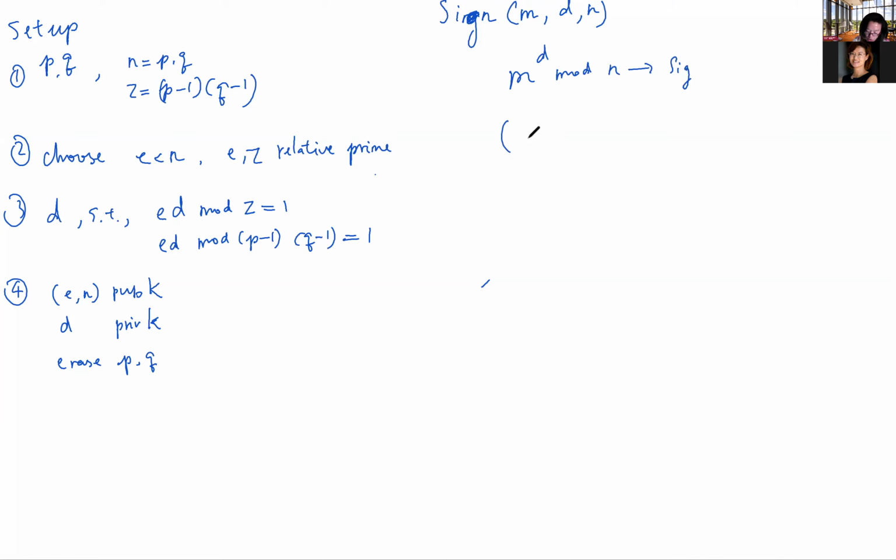And then you output the message, the signature, and N and E. This gets released together so that people can verify the signature.